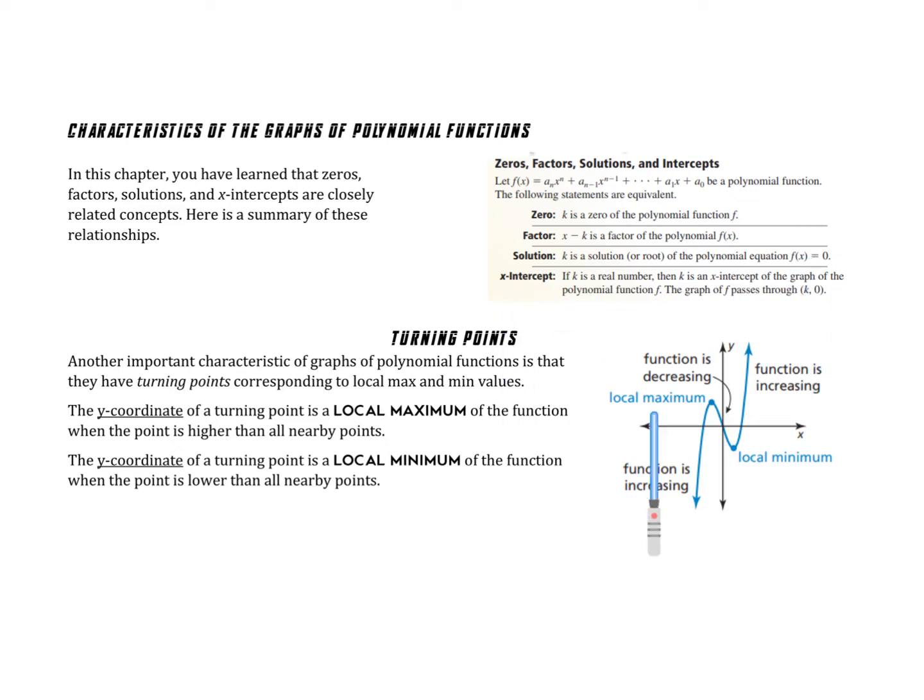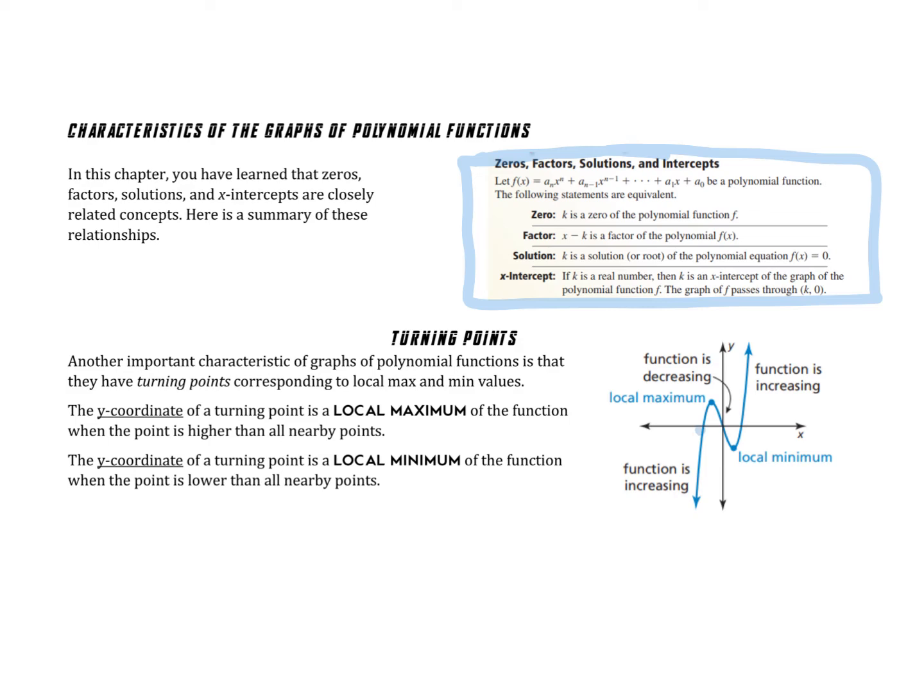And we've talked about x-intercepts, which is what we think about when we're looking at the graph, the place where we cross the x-axis, k, 0. So all of these words tie together, but that vocabulary needs to be understood, the differences between them. The 0 versus the factor versus a solution versus an x-intercept.